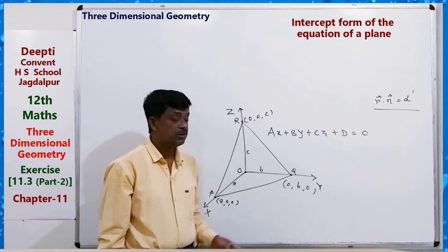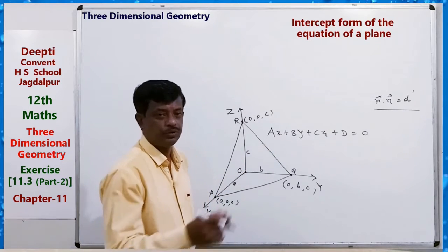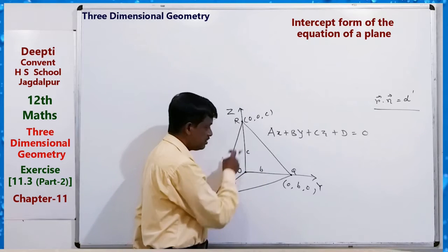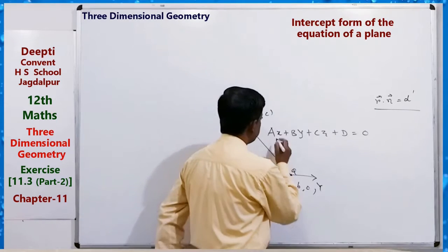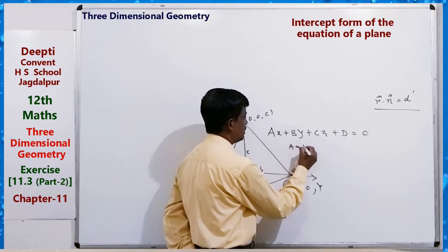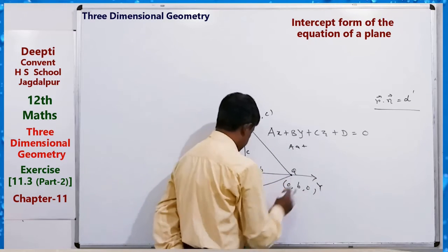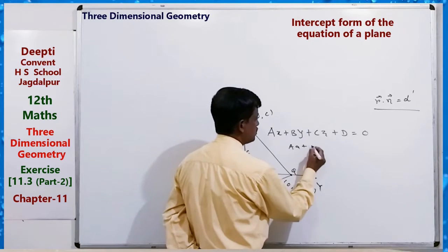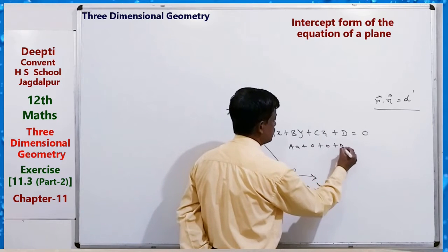Now these 3 points lie on this plane, so they will satisfy the equation. Here x equals a, so capital A times a plus, since y and z are 0, 0 plus d equals 0.